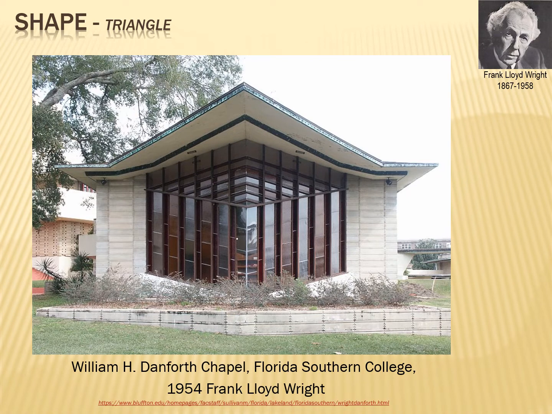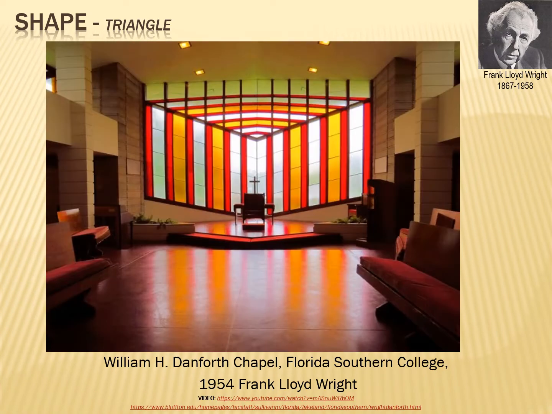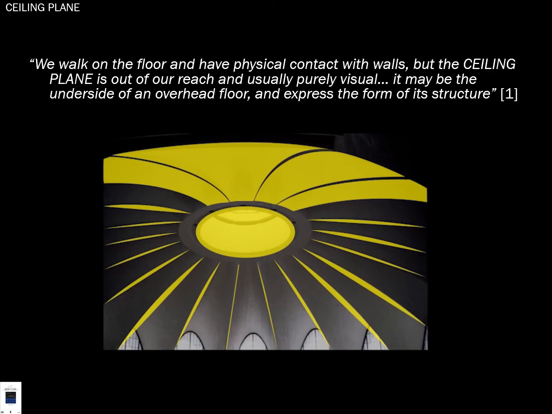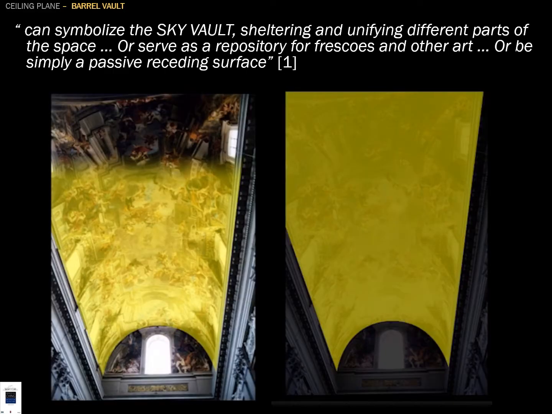Here's another chapel. It's a church, a chapel in Florida. Triangular shapes. The ceiling plane and how that defines the spaces below. This is a vaulted ceiling, defining a space, or also a place where you can put frescoes.